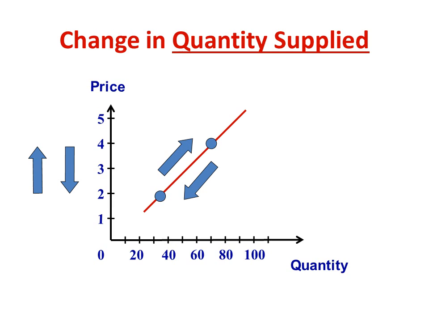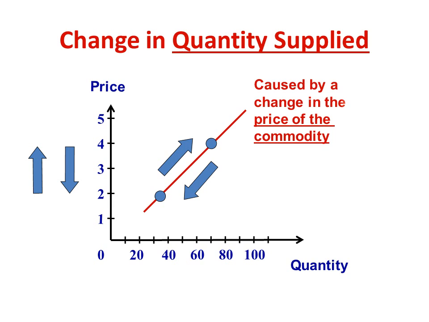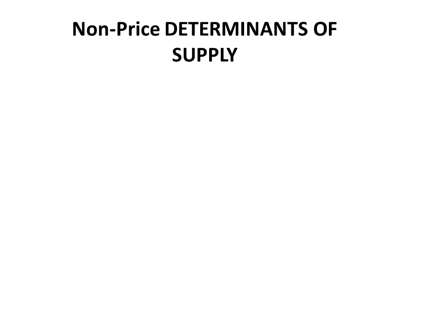Now, just like demand, sometimes there are factors, there are events, there are things that affect supply other than the price. Let's look at some of those non-price determinants of supply. So, there were 5 non-price determinants of demand.